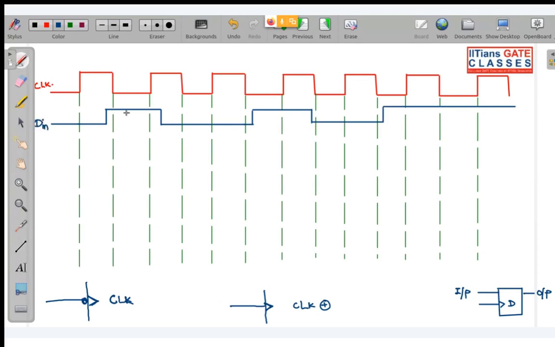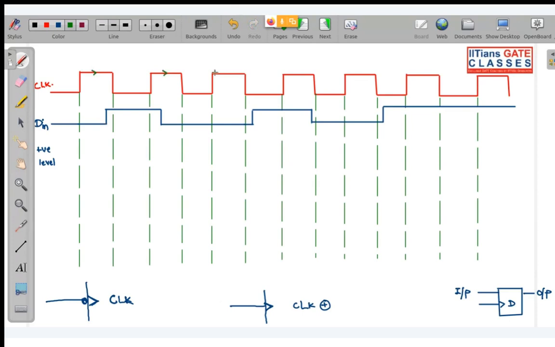Now assume in the first case, this D flip-flop is a positive level triggered flip-flop. For positive level, this flip-flop is only allowed to change state at the positive level. I will not mess up the diagram, just once I will mark.